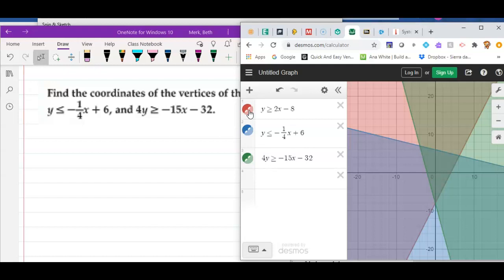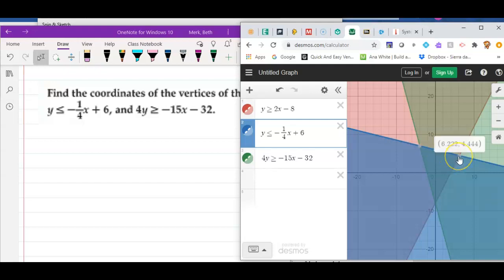Now, the only way to find where these intersect is to, one, look at the graph. Sometimes you can tell exactly where they intersect. For instance, right here, this point where the red inequality and the green inequality intersect is 0, -8. This point right here is also very easy to see. That's -4, 7. This point is not so easy to see.